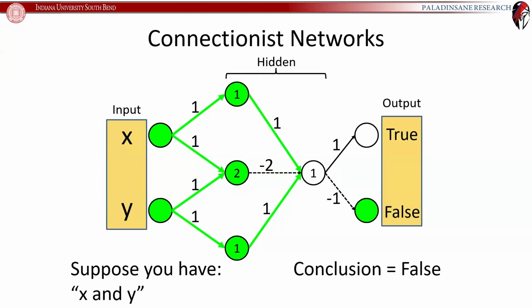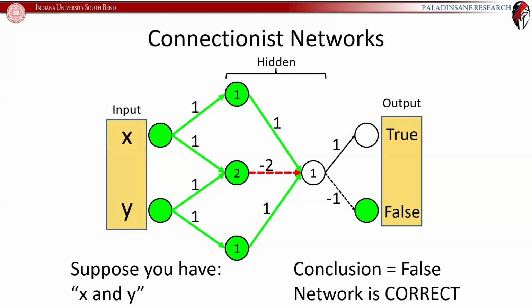However, that center node now sends its activation. It's an inhibitory activation of -2. So we have +1 from the top node, +1 from the bottom node going up to an activation of 2, and then -2 from that center node, bringing us back to an activation of 0. That final hidden node now will not fire, and our model returns an output of false, and that is correct.